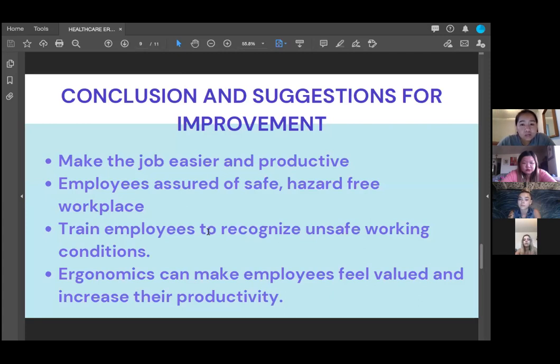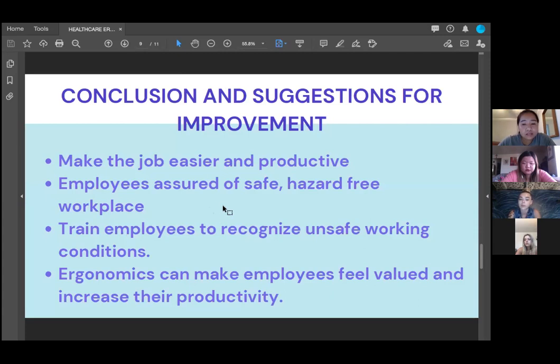In conclusion, we also have these suggestions. We come up with the suggestions for improvement of preventing the musculoskeletal disorders for healthcare workers. So first, ergonomics makes the job easier and productive.